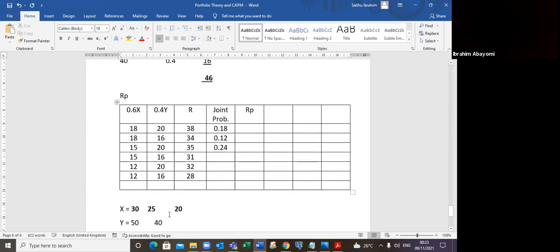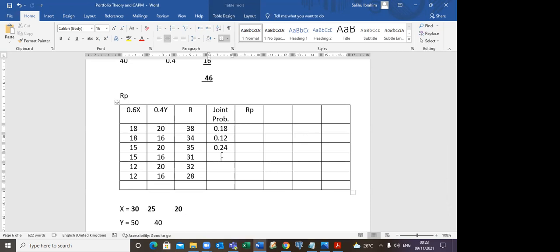Then probability of 25 is 0.4. Probability of 40 is also 0.4. 0.4 times 0.4 is what? 0.16.